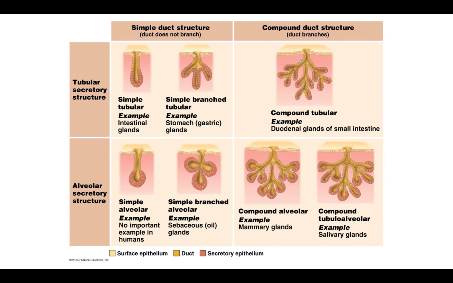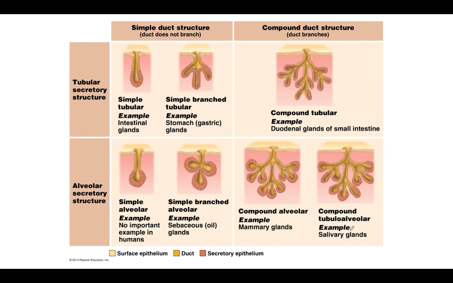What about here? It's compound. When you look at these, they look like a tube shape. Therefore, we can call it a compound tubular exocrine gland. But if we look at here, this is a compound alveolar exocrine gland. And in this exocrine gland, there is a mixture of alveolar and tubular, so compound tubular alveolar exocrine gland.